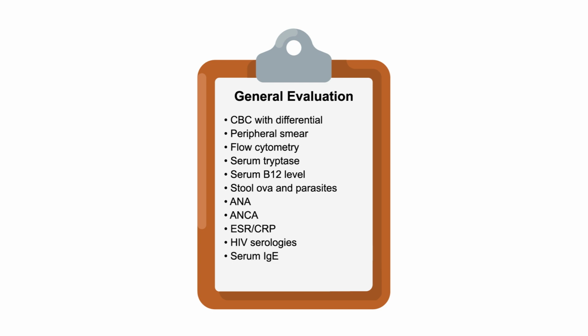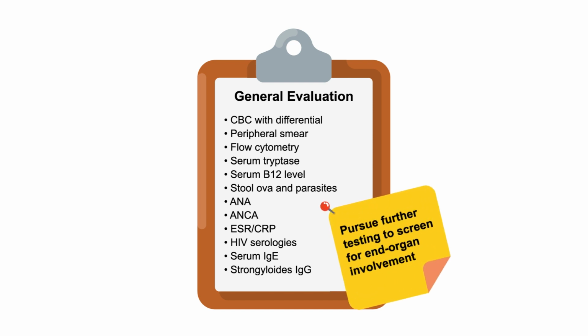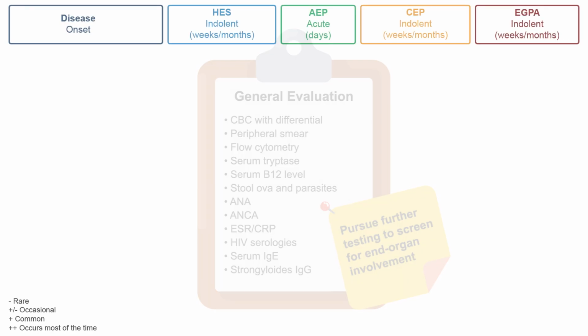If a patient is suspected to have a primary immune deficiency or another type of immune dysfunction, further testing in those areas may be needed. So to screen for end organ involvement, one might need to pursue further testing depending on the symptoms that a patient has. A thorough history is needed just to understand the extent of the symptoms that may be involved.